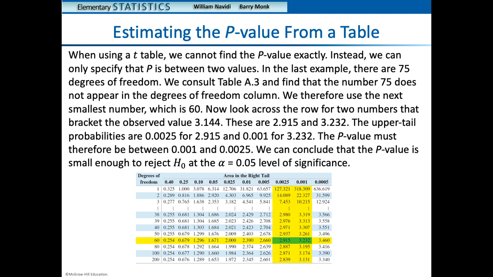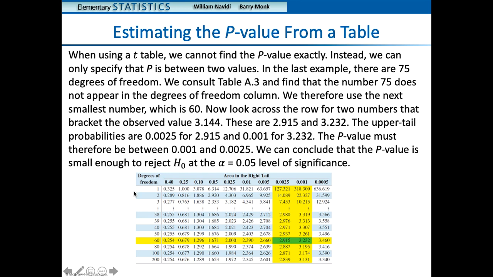So let's take a look at how that works. In the example we just looked at, the sample size was 76, which means the degrees of freedom was 75. So if you go over to the student's t table, which we've used already in the section on confidence intervals, it's table A3 in the appendix of your textbook.